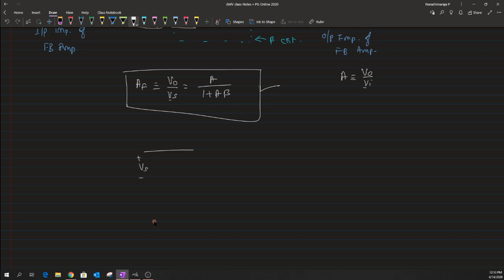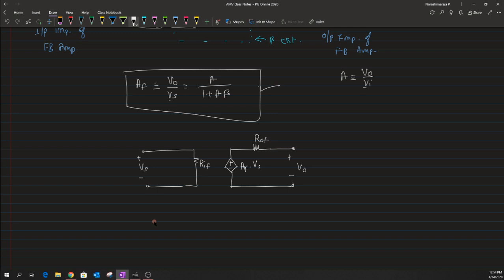So this is just a simplified version of the same feedback amplifier, where the input is taken as Vs, and the input impedance seen by this voltage source Vs is taken as RIF. Okay. That is the input impedance, and we have a gain which is defined as AF, which is nothing but the voltage gain of the feedback amplifier, times the input source, which is Vs, into the ROF, okay, and we have this V naught being measured at the bottom.